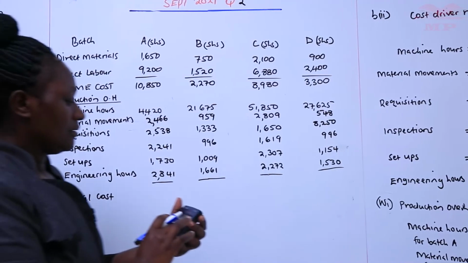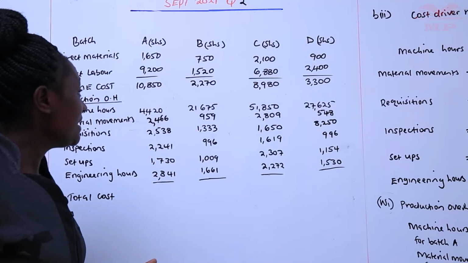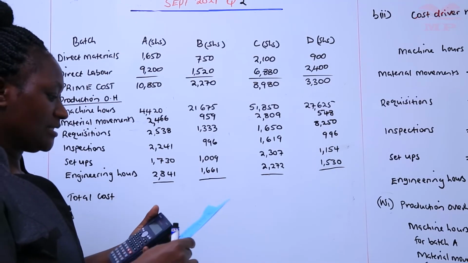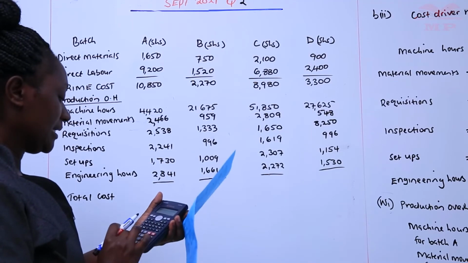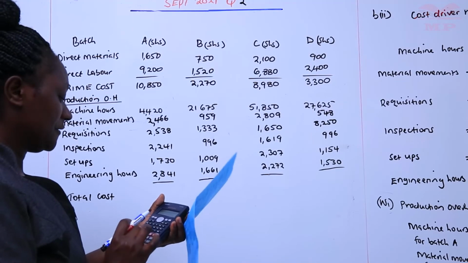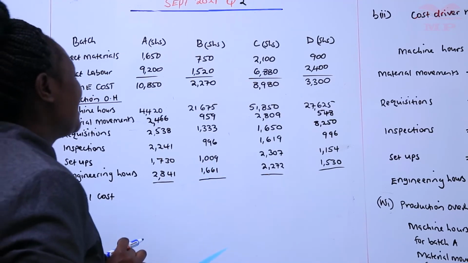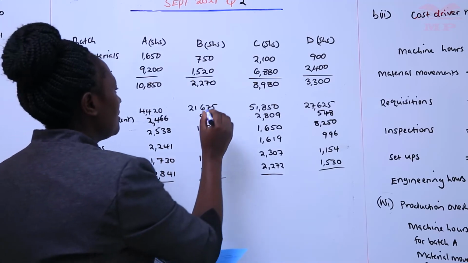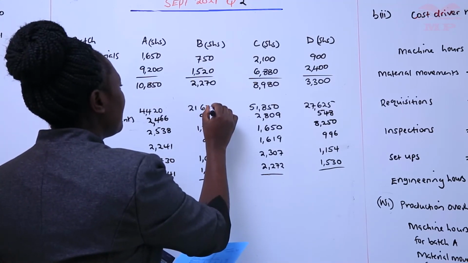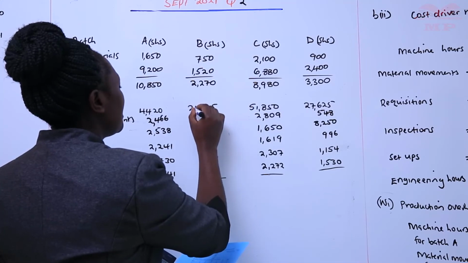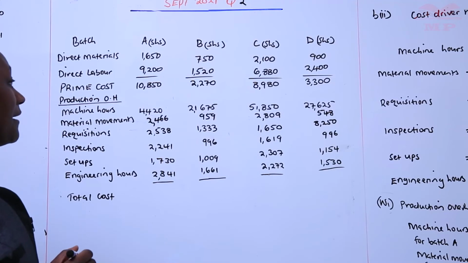And then that's for batch B. The machine hours that were given under note number 2 was 255. So when you take 8.5 times 255, you'll get 2,167.5. So put a point in between 7 and 5, not 75. So it is 2,167.5.